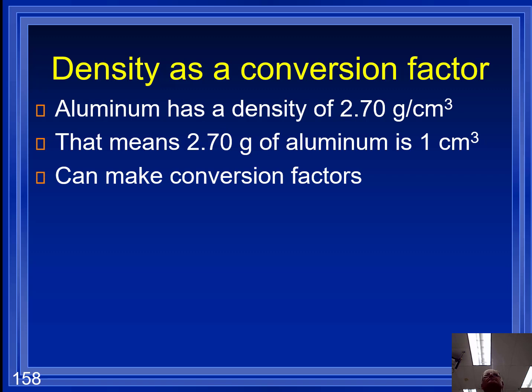So I can either make a conversion factor that says 2.70 grams for 1 centimeter cubed, or 1 centimeter cubed for 2.70 grams. Because remember, a conversion factor has to have the thing on the top and the thing on the bottom be the same. And 2.70 grams of aluminum is 1 centimeter cubed of aluminum. 1 centimeter cubed of aluminum would be 2.70 grams of aluminum. So they're equal to each other.